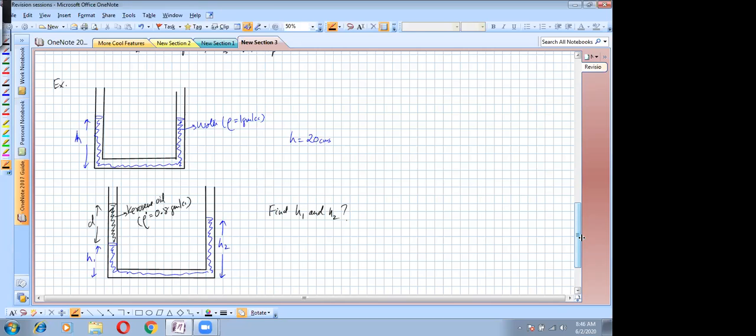Oh, sorry. In the question the value of D is given. D is 10 centimeters. The height of the kerosene layer D is 10 centimeters.